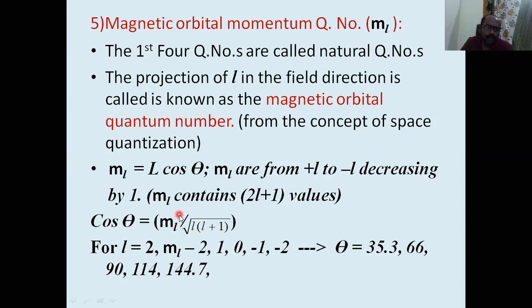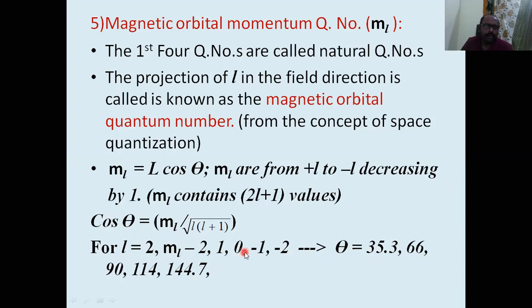We take each ML value at once and calculate the theta value. Similarly, we get 5 theta values corresponding to each ML. If ML is equal to 2, we get the theta value 35.3 degrees, and for ML equal to 1 and L equal to 2, we get theta value 66.